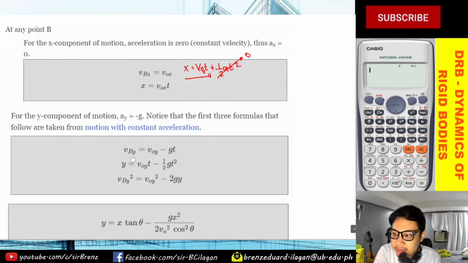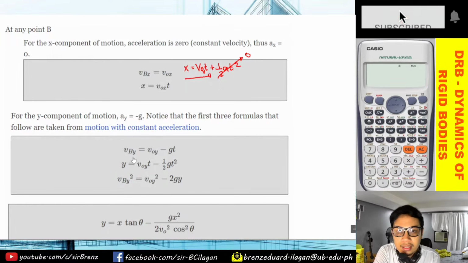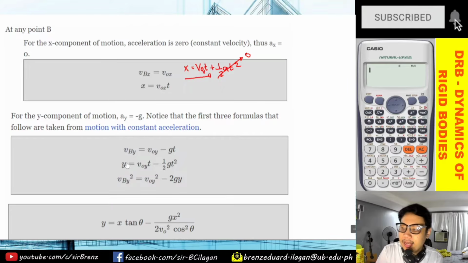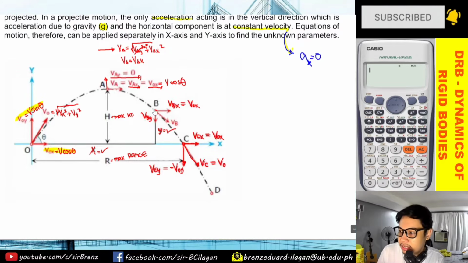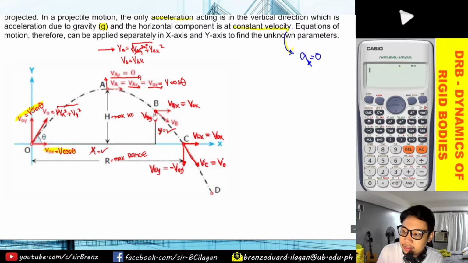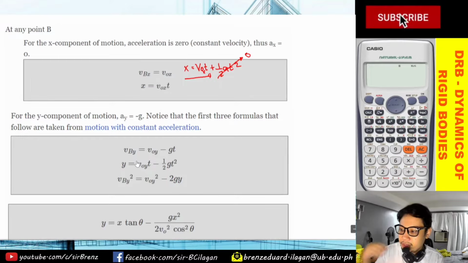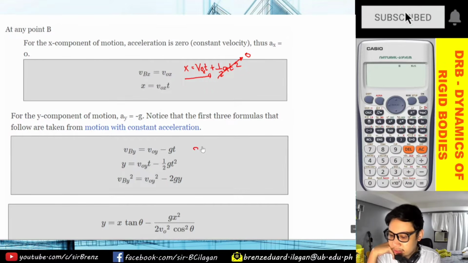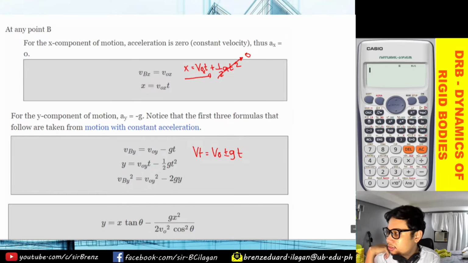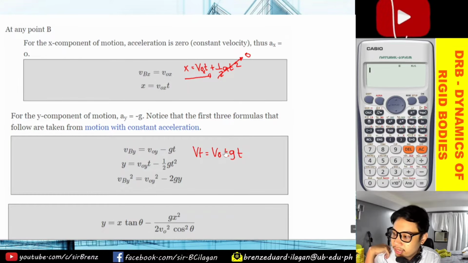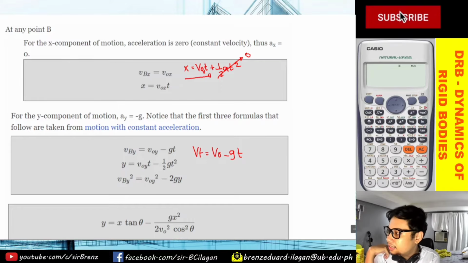So yung v sub y dito is yung final velocity at the point reach at point B. And yung v sub x natin. Okay? So these are the formulas. Sabi ko nga, kamukha lang din siya ng equation natin na v f is equals to v o plus minus g t. So since pababa nga, pwede na nating alisin yung plus. So that is minus na lang.